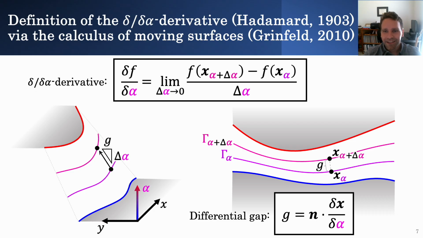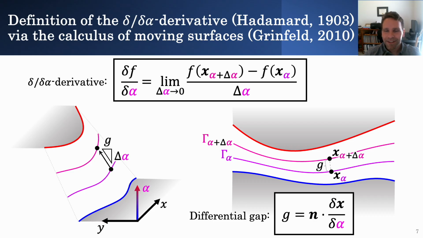And it has, again, a geometric interpretation that can be defined in this limit sense by supposing that in general, you could define the delta-delta alpha derivative of some field f as really just the difference in value of that field f measured at these 2 adjacent closest point projection locations, and then divide by delta alpha, taken in the limit as delta alpha goes to 0.